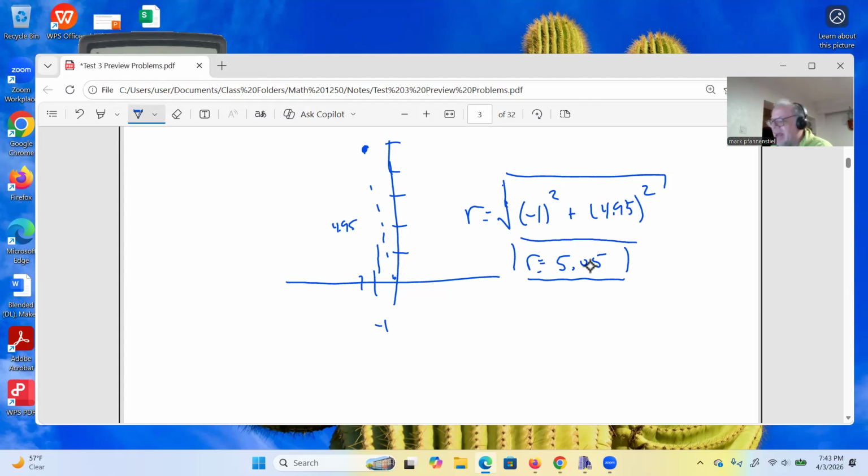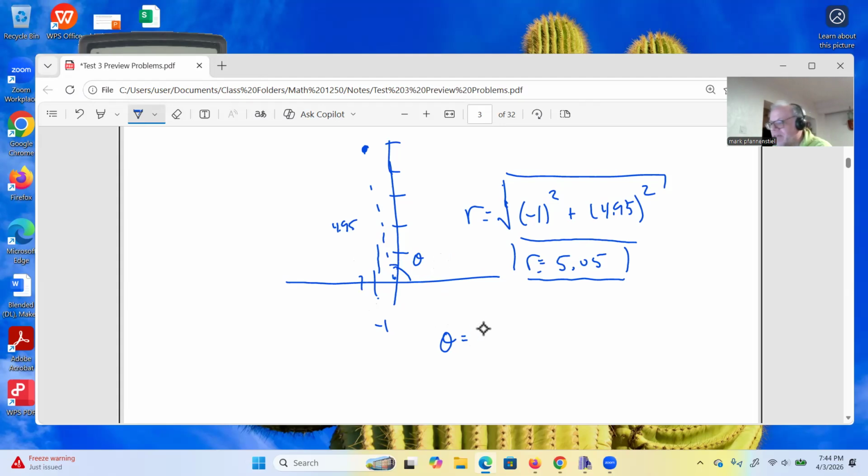Okay, the next thing we have to do is get this angle, right? I need this theta. It's in the second quadrant. So here's why I did it this way: if we have theta equal to, let's see, we have an opposite and adjacent. What kind of trigonometric function relates the opposite and the adjacent to the angle? That's the tangent.